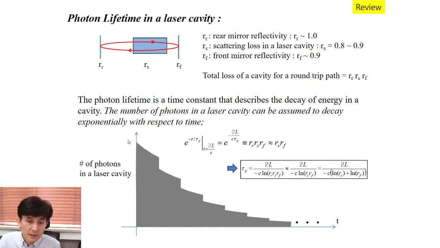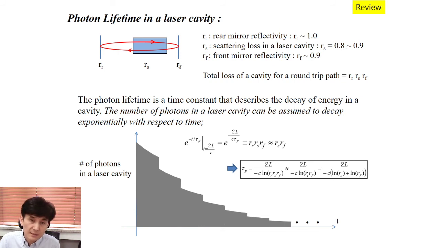Then, as if we put 100 photons into the laser cavity, and the photons oscillate back and forth, whenever a photon hits the rear mirror there is no loss, but at the medium interface we have scattering loss, about 80% or 90% survival.